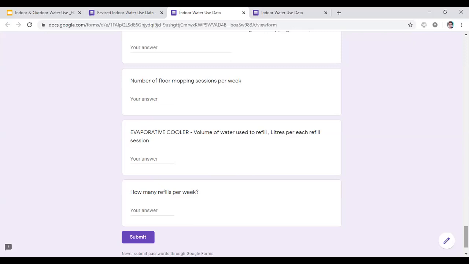As I said, once you fill the form and submit it, we will be able to, at the back end, analyze and provide you 2 things. One is the liters of water used per day in your household, the average daily use. We also give you the liters per person per day, and an idea of whether you are efficient or inefficient.